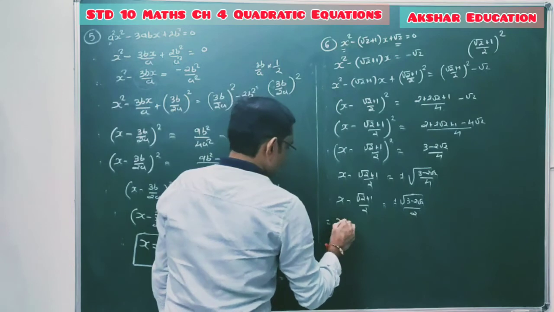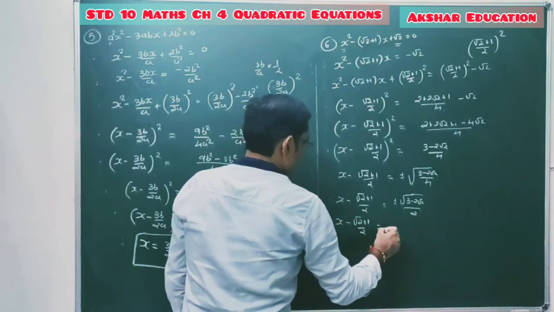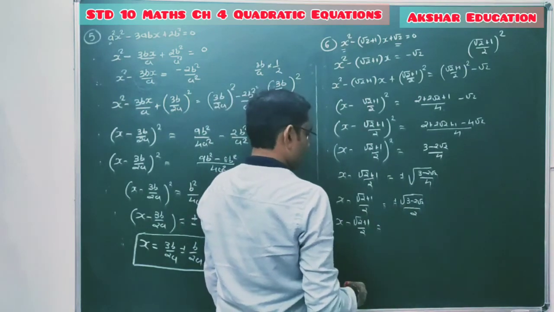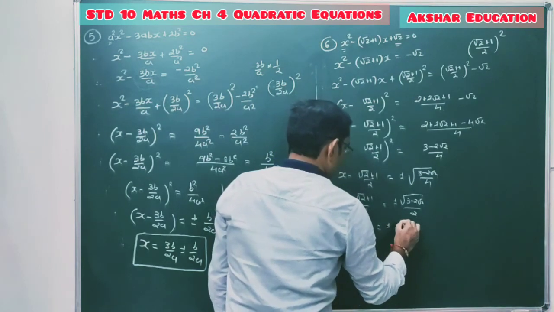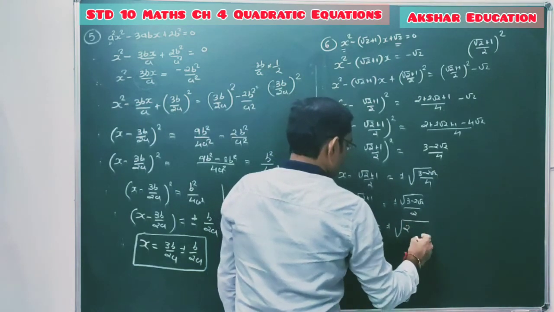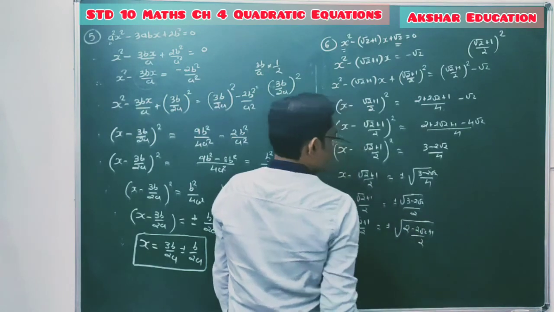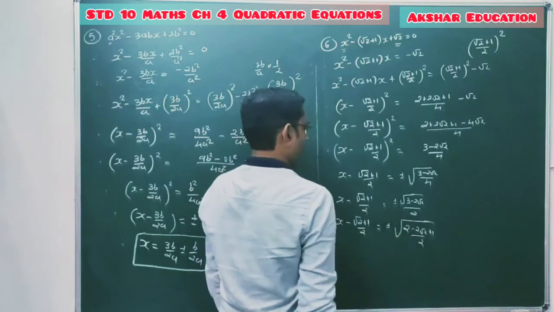Simplify: x minus (root 2 plus 1) by 2 is equal to plus or minus square root of 3 minus 2 root 2. This 3 minus 2 root 2 we will write as 2 minus 2 root 2 plus 1, which is nothing but (root 2 minus 1) whole square.